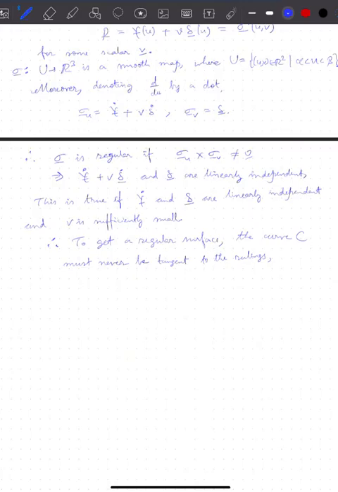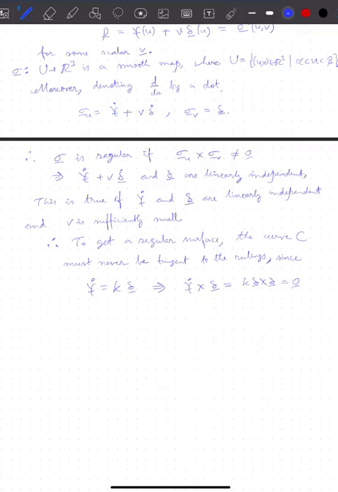If gamma dot is tangent, then it will be parallel to some k times delta vector. This implies that at the point P, gamma dot cross delta vector is equal to k delta cross delta, which is equal to 0. So that's the reason we cannot have C be tangent. Its tangent should never be parallel to the rulings.